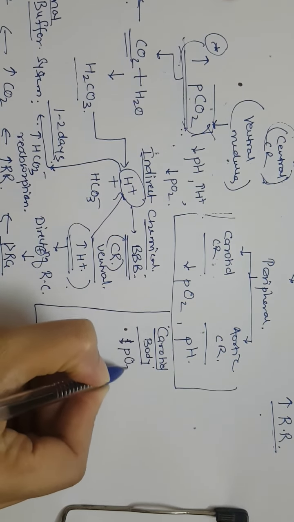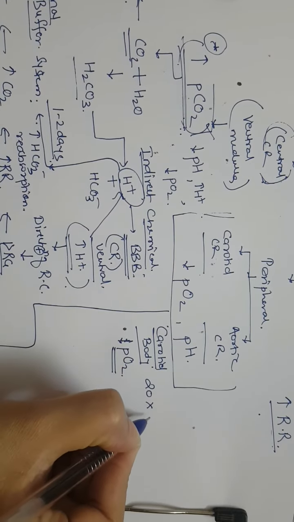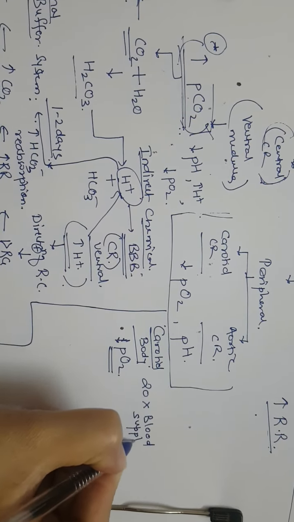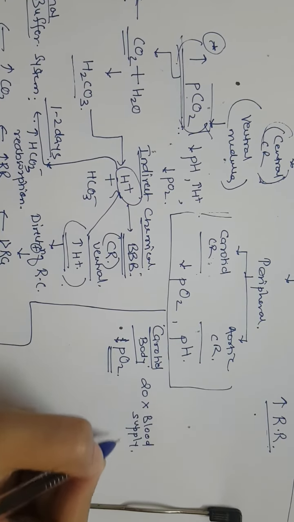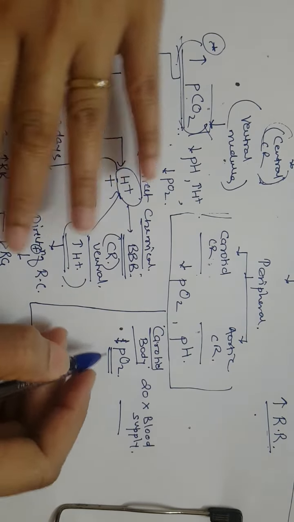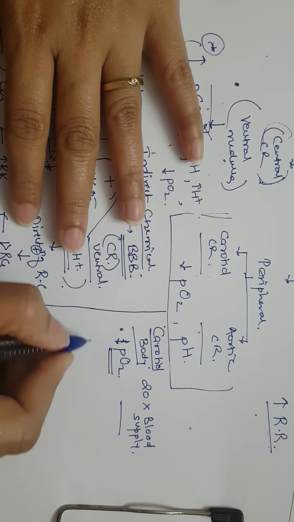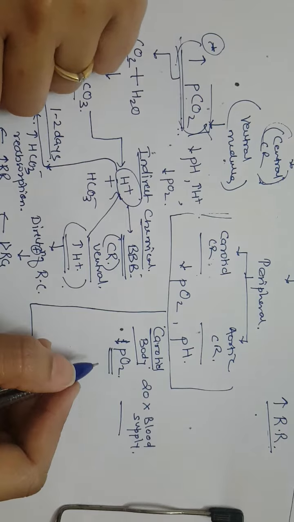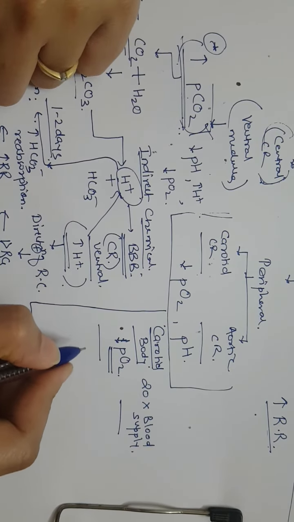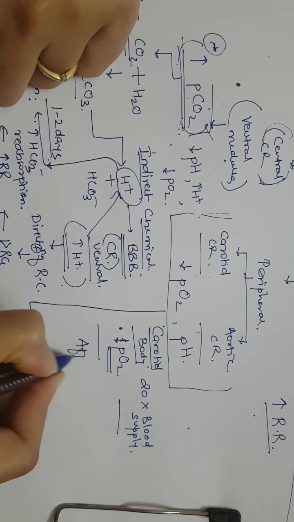If there is a decrease in PO2, because it is getting 20 times more blood supply than any other organ, a slight change in PO2 will cause stimulation of this peripheral chemoreceptor, that is the carotid body. How are they acting? There are two types of cells, type 1 and type 2 cells. The glomus cells, type 2 cells, have afferents.